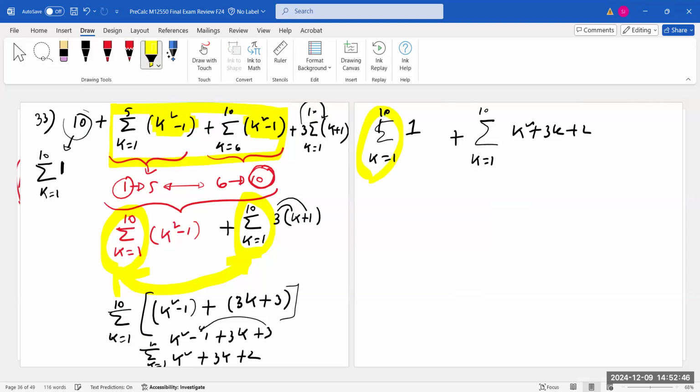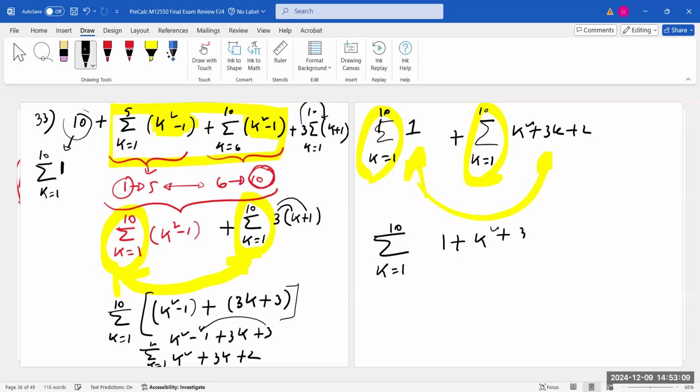Now we are adding the same 10 terms for 2 sequences, so we are allowed to combine them. Why waste our time writing the sum twice when we are doing the exact same thing? We write the sum once, from 1 to 10, of 1 plus k squared plus 3k plus 2. Combining like terms, all these sums boil down to the simple formula k squared plus 3k plus 3.